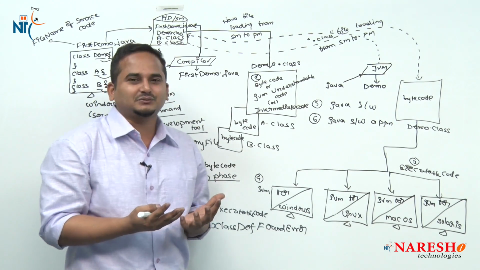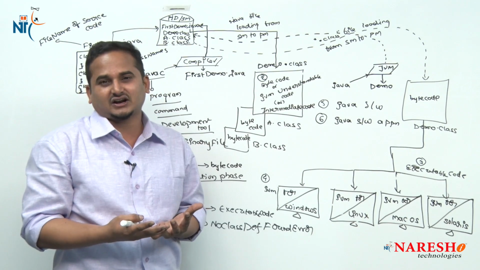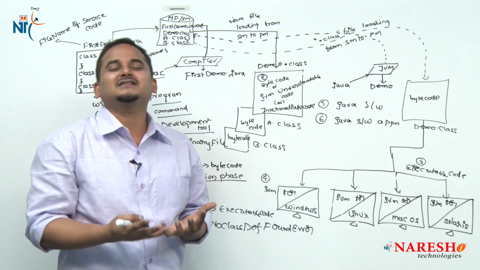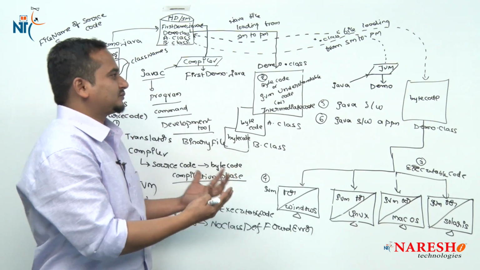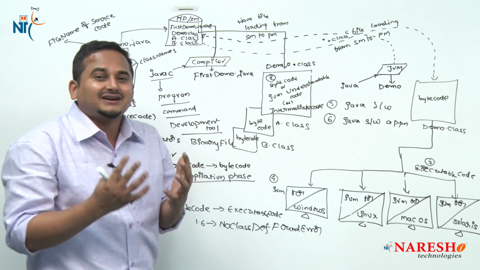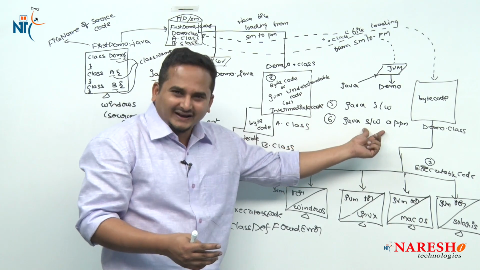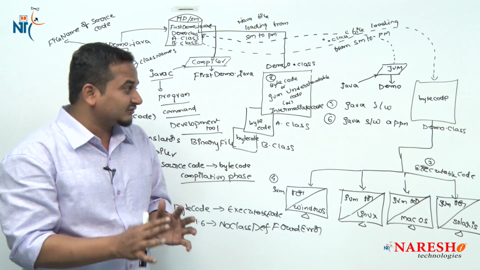Now come to the Java software application. Java software application means the application or project which is developed under the Java language. That application is platform independent. Most people speak of platform independency, but we are talking about that concept application wise, not software wise.